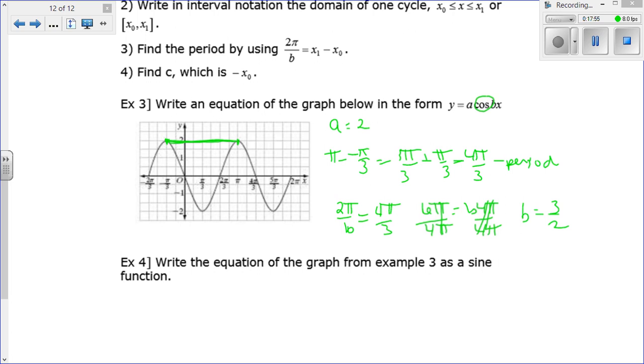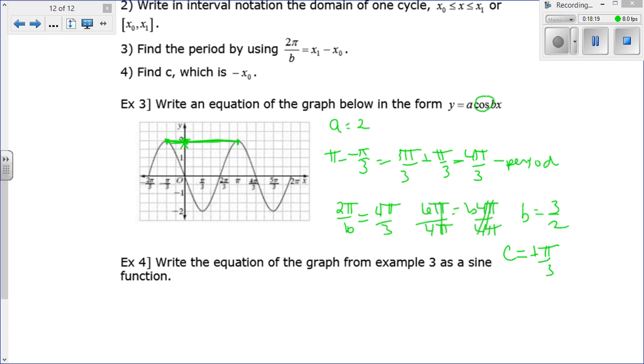And my phase shift is, how did I shift it? Well, my starting point is usually right on the y-axis. And since I move to the left, my C value is going to be positive. So C is going to be positive, and this is negative pi over 3, so it's going to be positive pi over 3.